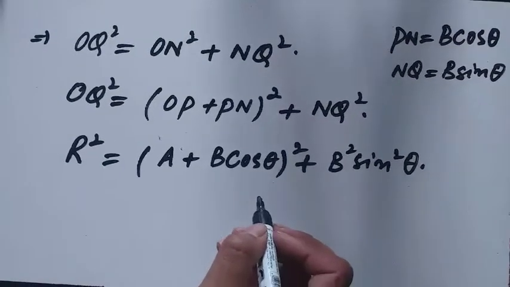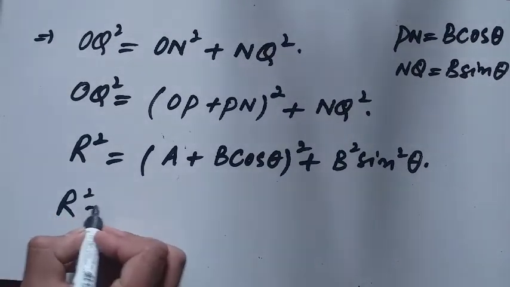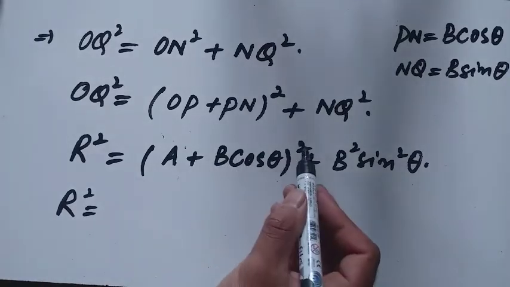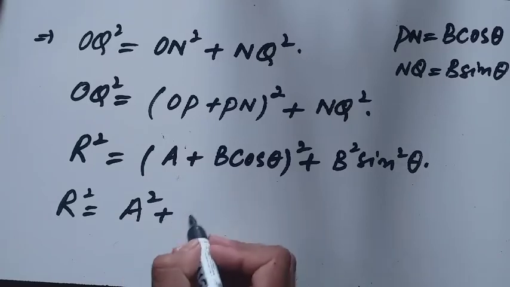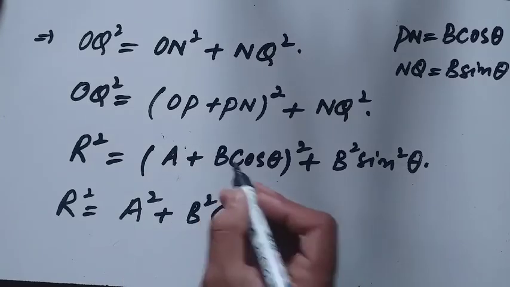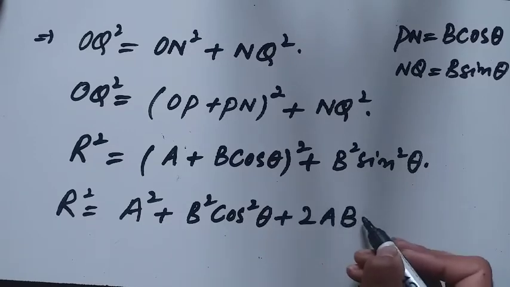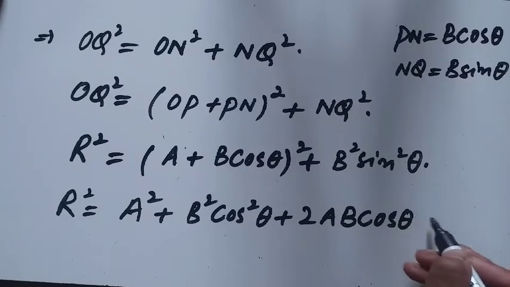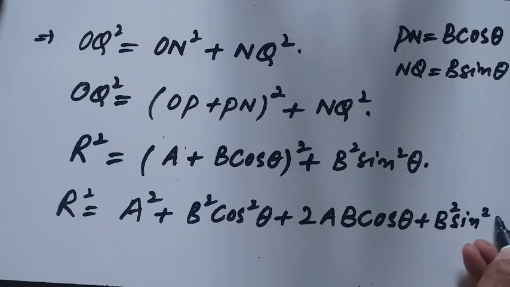Now I can write R square is equal to, this becomes a plus b cos theta whole square, that is a square plus b square cos square theta plus 2ab cos theta plus b square sine square theta.